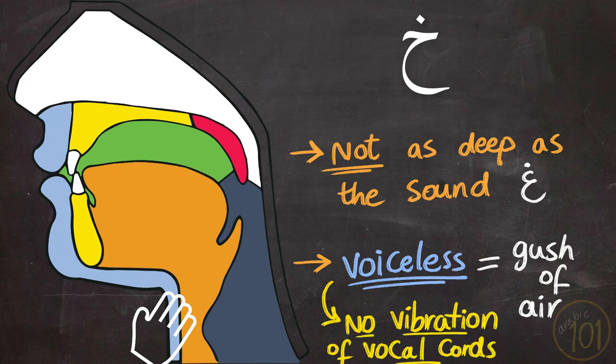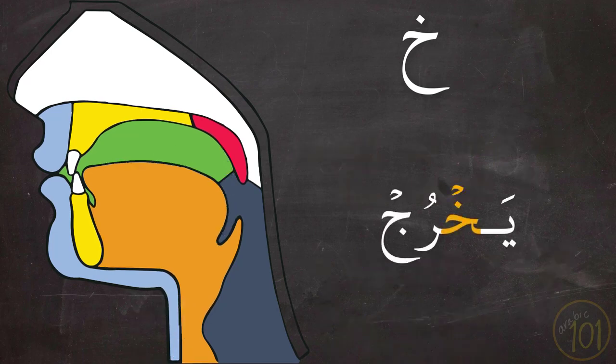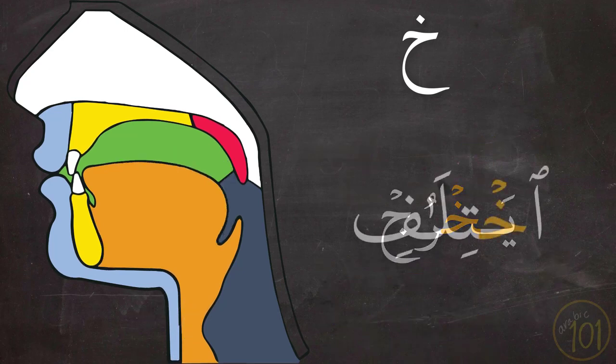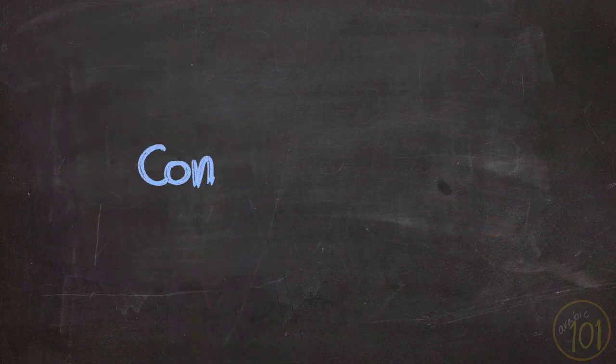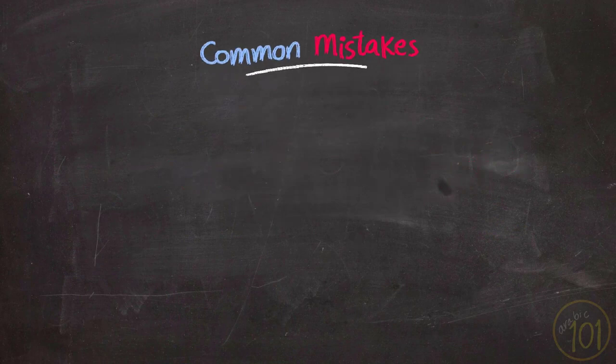Akh, akh. يخرج, اختلاف. Now, what are the common mistakes that we should avoid when producing these 2 sounds?